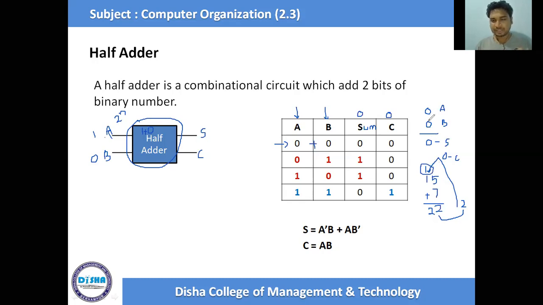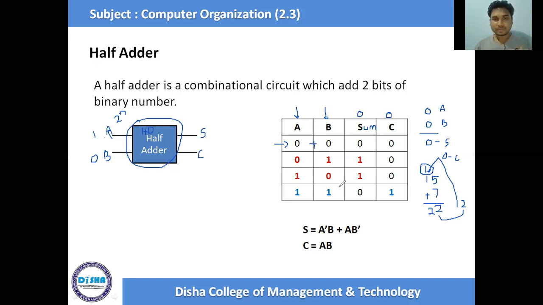Similarly, when we add these two binary numbers a and b, we are getting s as sum and 0 as carry. Again we can have a equals to 0 and b equals to 1. In that case we will get the sum is 1 and carry is 0. And we may have a equals to 1 and b equals to 0. The sum is 1 and carry is 0.